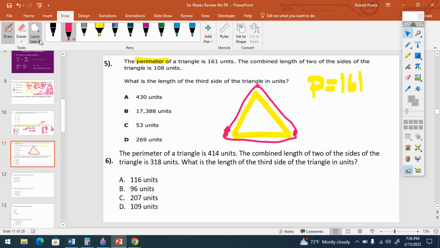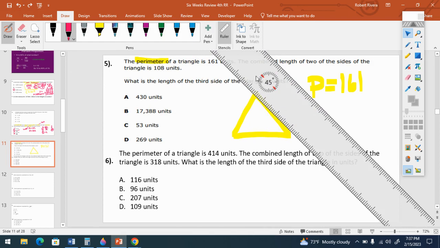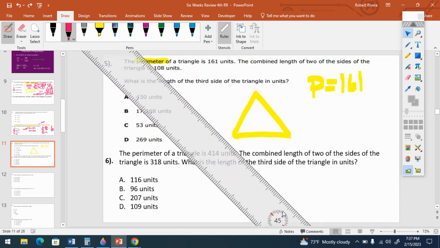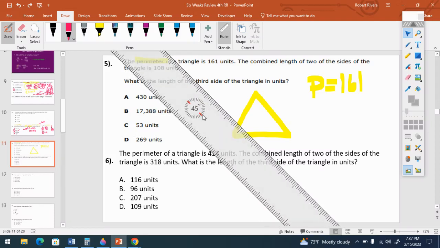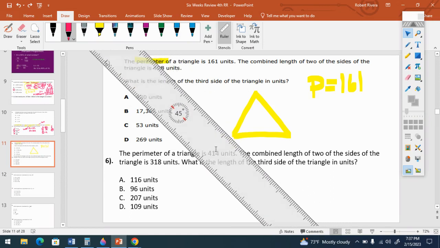So basically, let me do that again. If I would get my ruler and I would measure from here to here, then I would measure again. I would measure all the sides. That should equal 161. Okay, that's what it should equal, 161.